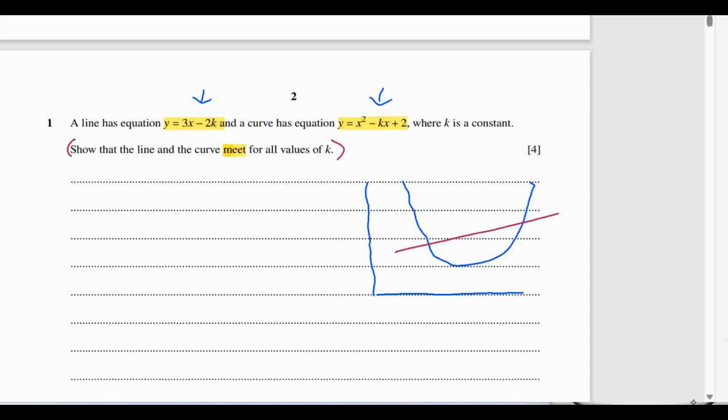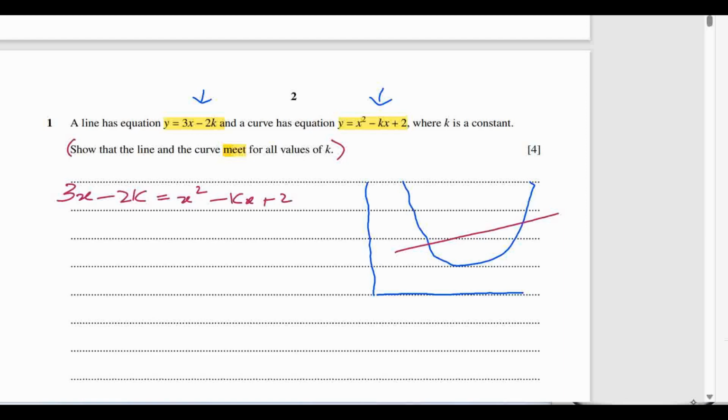This statement means that we have to equate these two equations. So this will be 3x minus 2k equals x square minus kx plus 2.